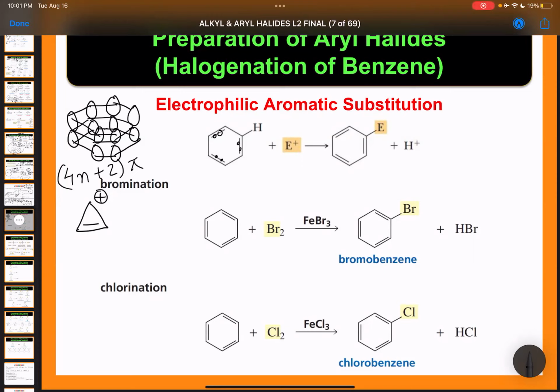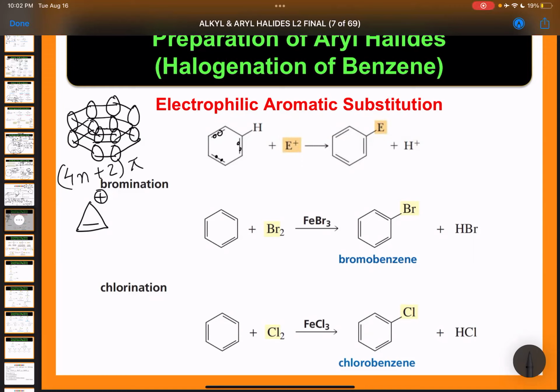So there are many aromatic compounds. Benzene is the most common. And I am discussing the aromatic nature here because this cyclic movement of 6 electrons means stability. While doing the reaction, we need to be careful that this stability should be maintained.